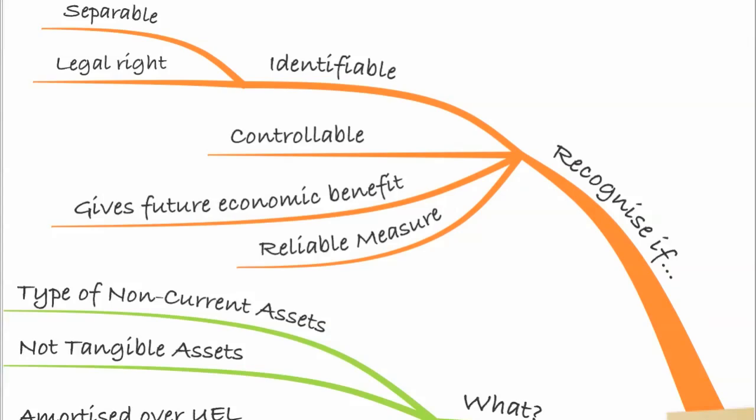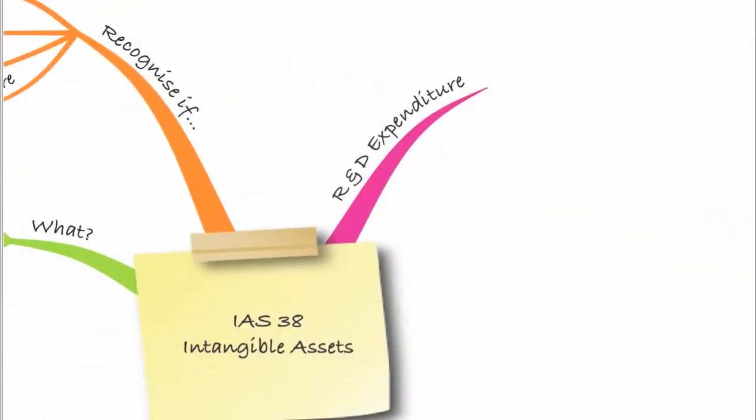Now, the next thing we need to consider is research and development expenditure, because this is an example of an area that is crucial to the exam for intangible assets. Can we capitalize research and development expenditure?